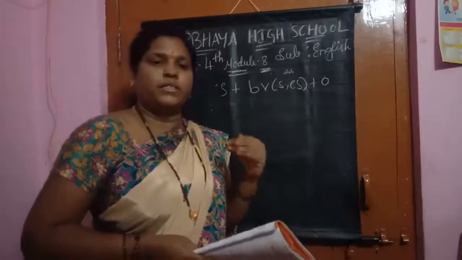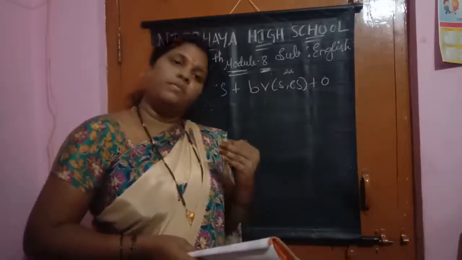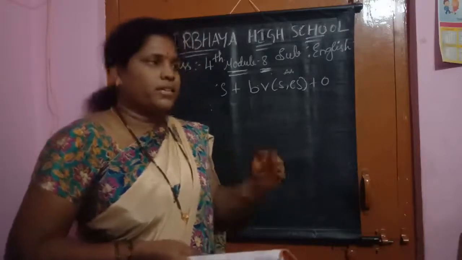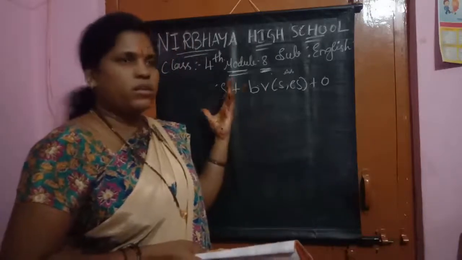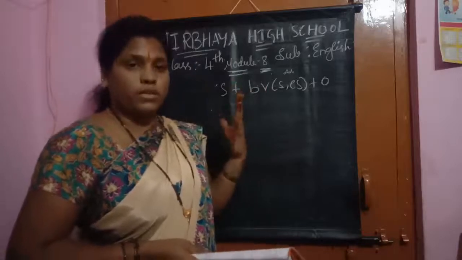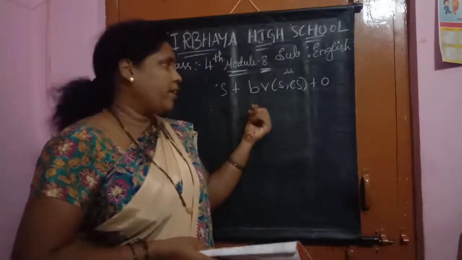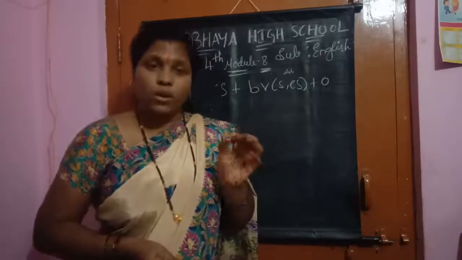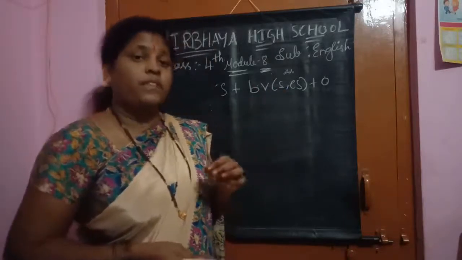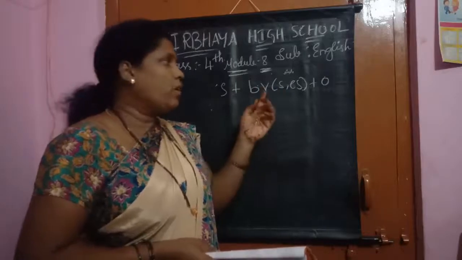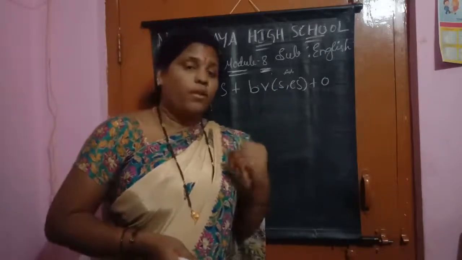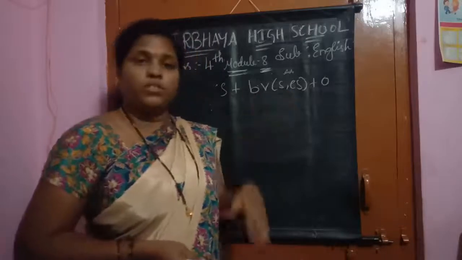We will write just go means go, play means play. I play. Like this we'll write it. When the subject is a noun, and pronouns are not there, we will add s. See, Rita goes. Like this we'll write. When the subject is a pronoun, we will not add s or es to the base verb. When the subject is a noun, we will add s or es to the base verb.